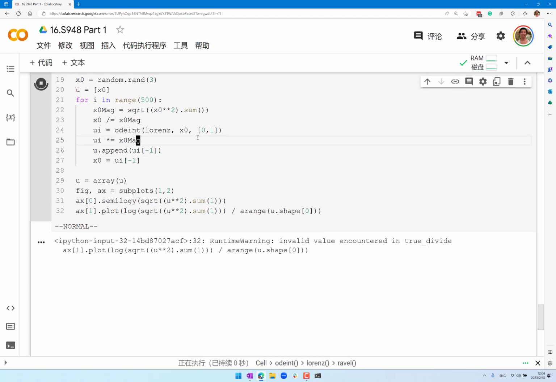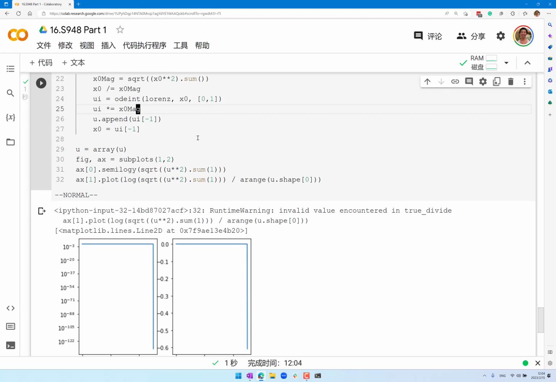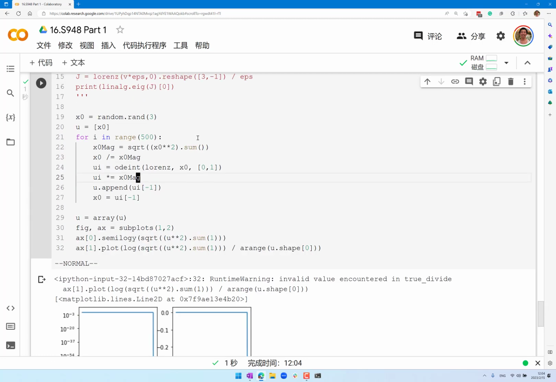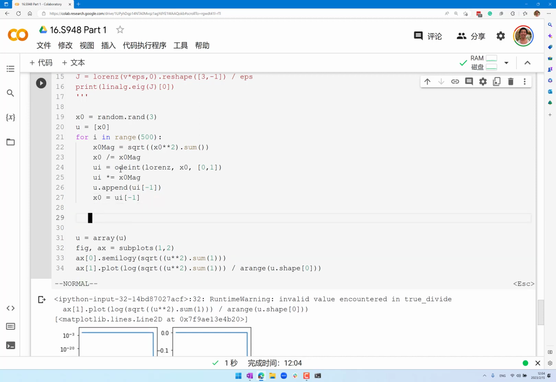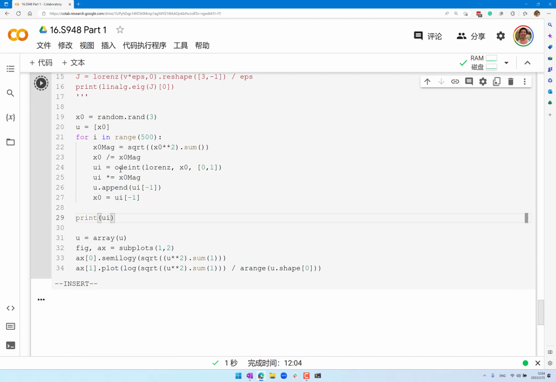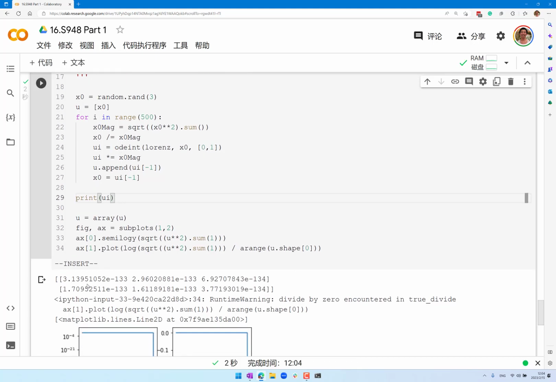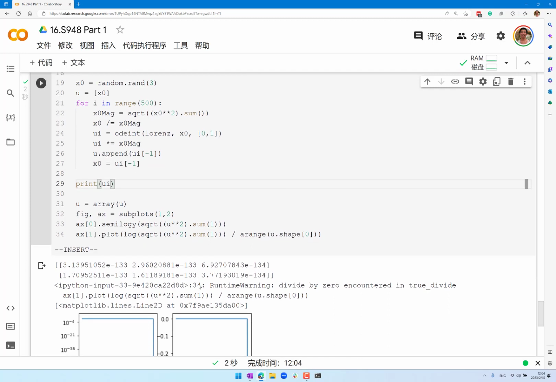Okay. You need the minus 1. ui is just a 1 by 3 vector, right? Yeah, so ui should be a vector of 2 by 3, right? Because yeah, it's 2 by 3.